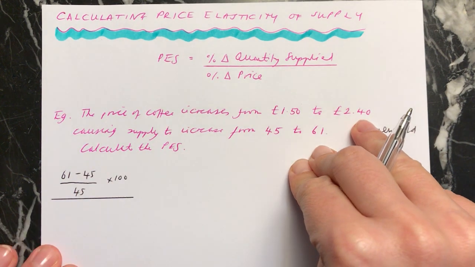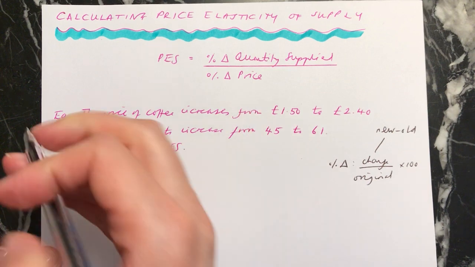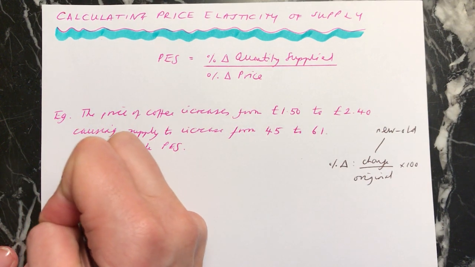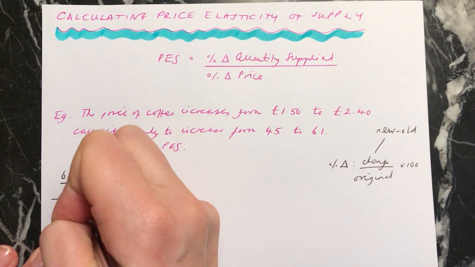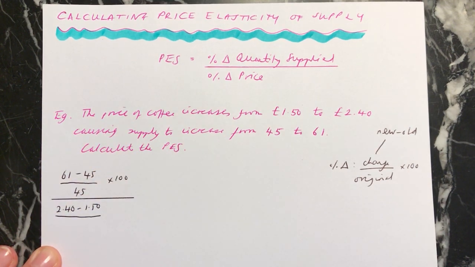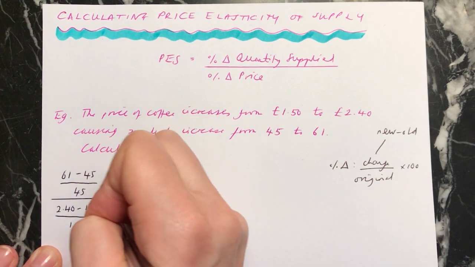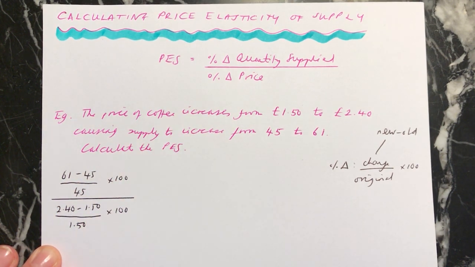And then the bottom line for our equation about the change in the price, this is going to be new, which is £2.40, minus old, which is £1.50, so that's the change, divided by the original, which is £1.50, and then we're going to multiply this by 100.